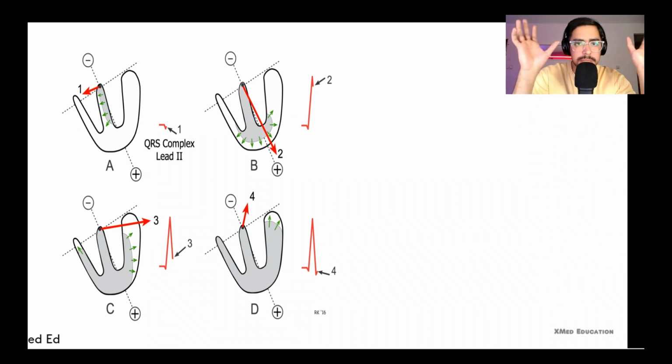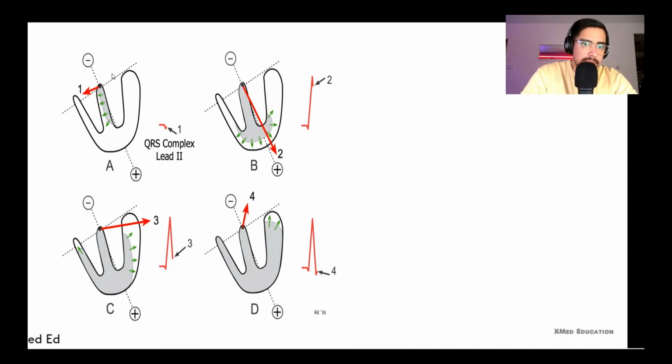I'm sure that in this picture, now that I talked about the vectors, this picture helps you understand completely what this contraction and these leads and vectors mean. First, when the contraction happens, just imagine we have lead 2.